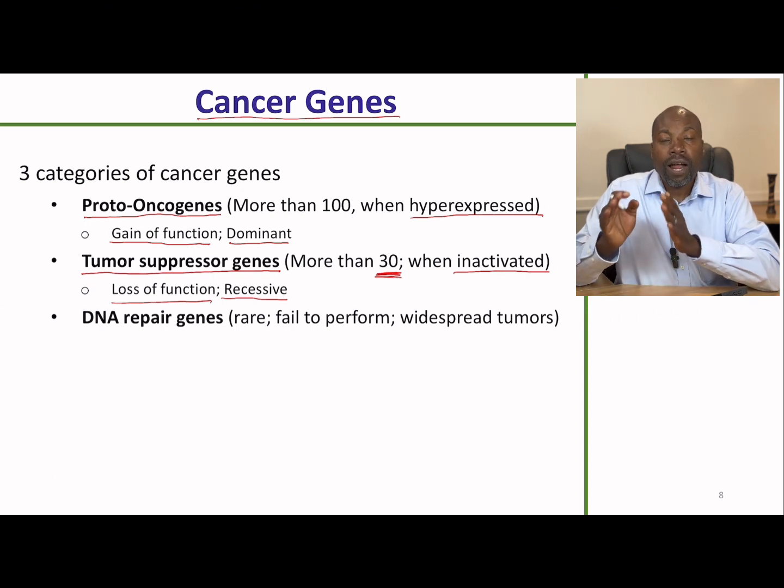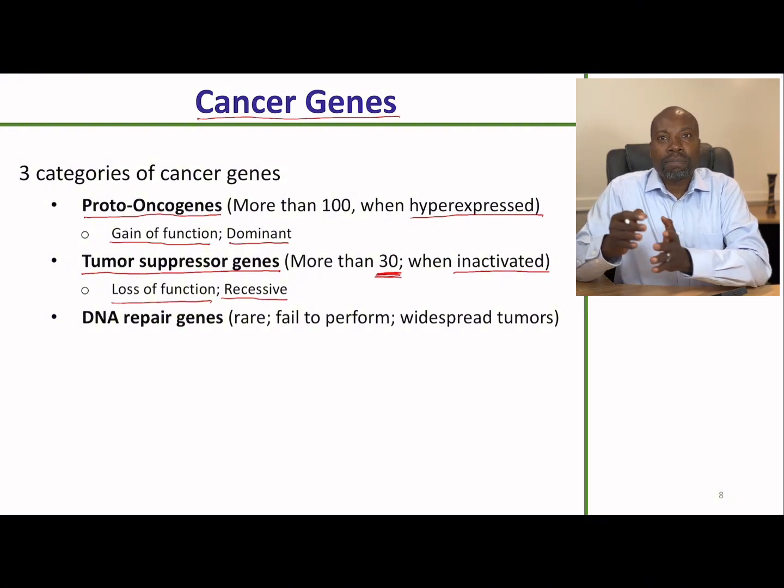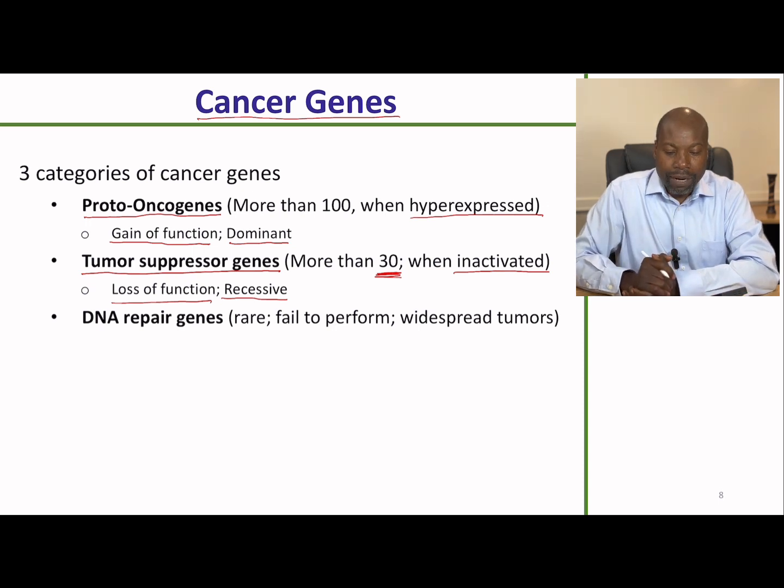The other allele can remain silent, that's okay, right? However, because you only have one allele that is normal, what if that allele is mutated and there is loss of function? So this is when being predisposed to cancer comes into play, right?